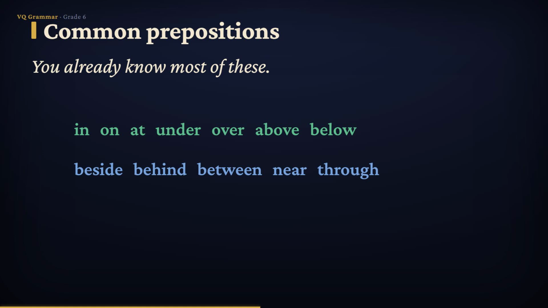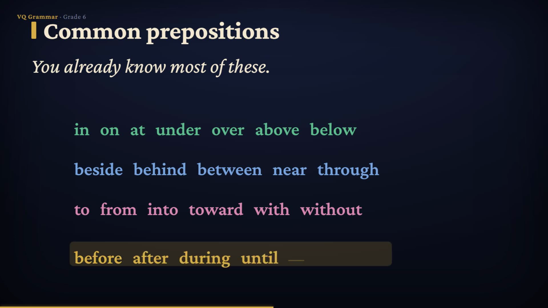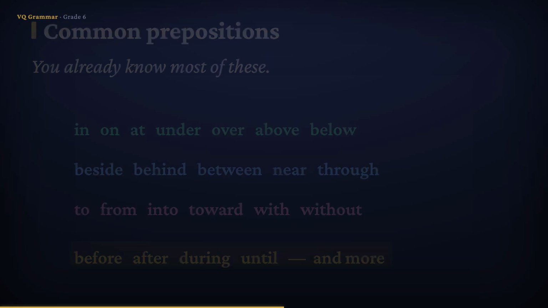There are direction words: to, from, into, toward, with, and without. And of course, our time words: before, after, during, and until. There are dozens more, but if you know this bunch, you'll spot prepositions everywhere.